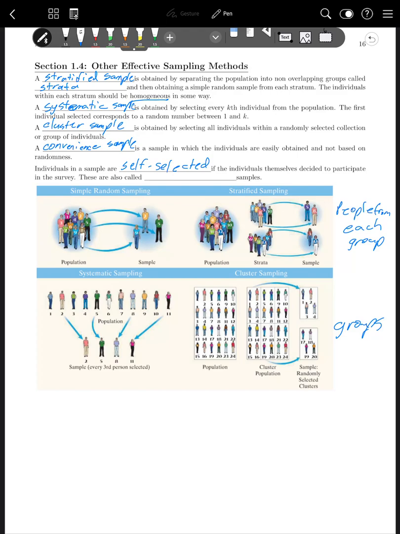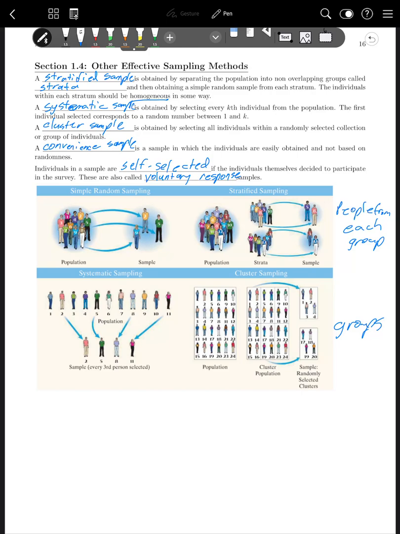These are also called voluntary response surveys or voluntary response samples.